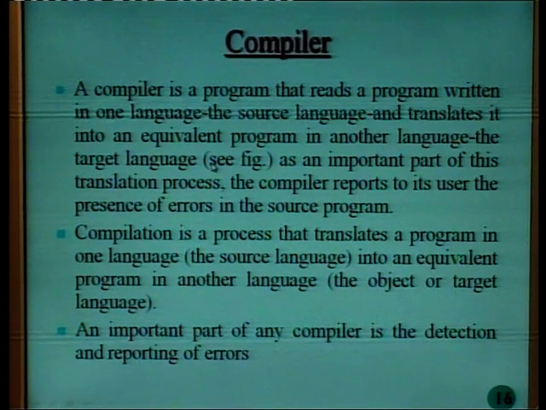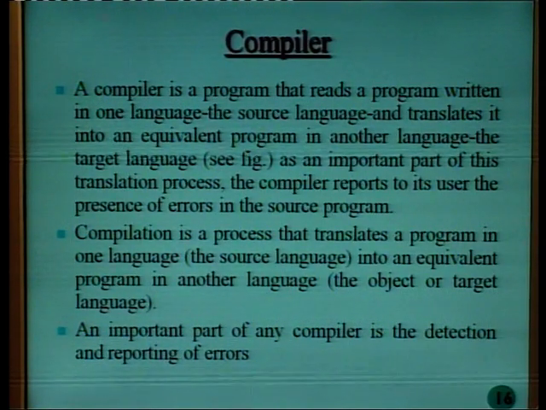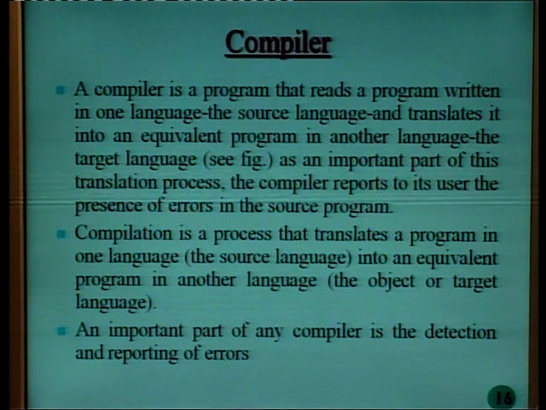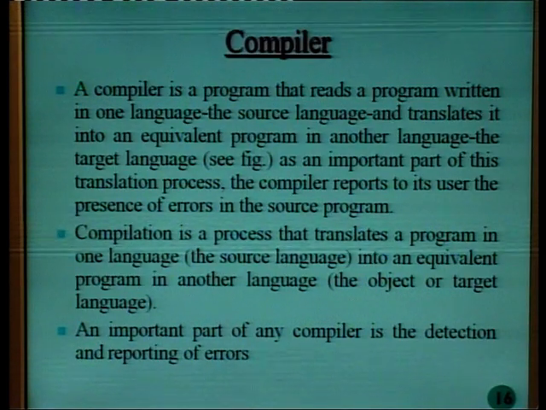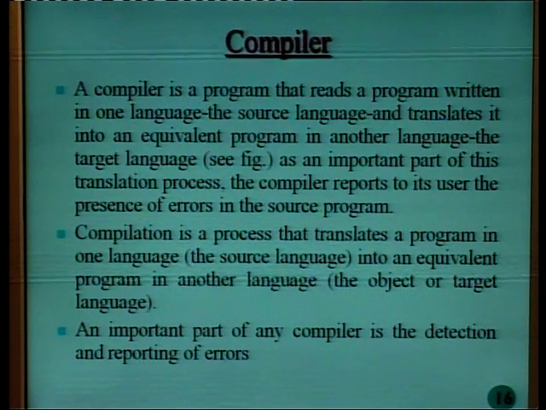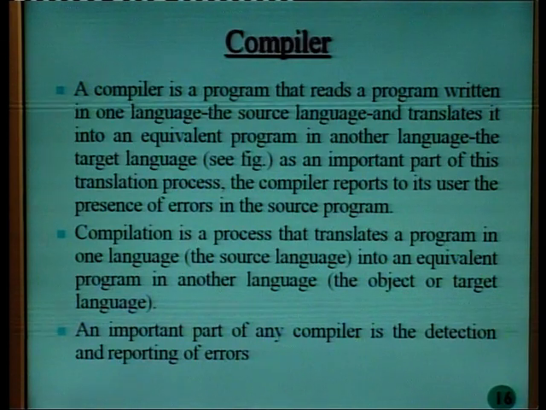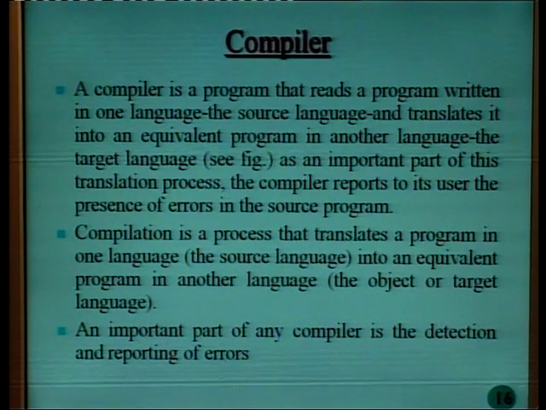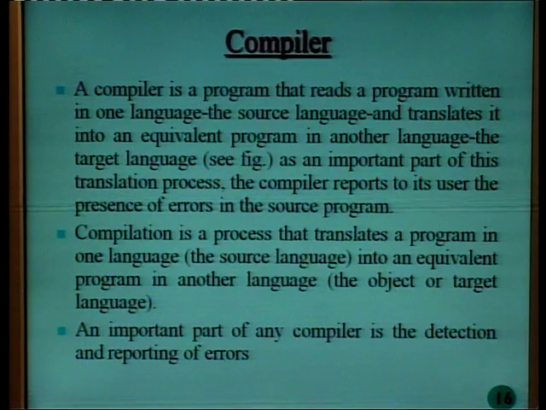So the same as an assembler translates an assembly language program, a compiler translates a high level language program into the equivalent object code. It is an important part of this translation process. The compiler reports to its user the presence of errors; any syntax or code that is not as per the definition of the language will produce error messages.